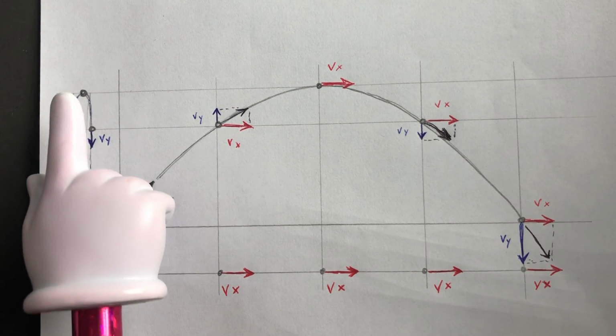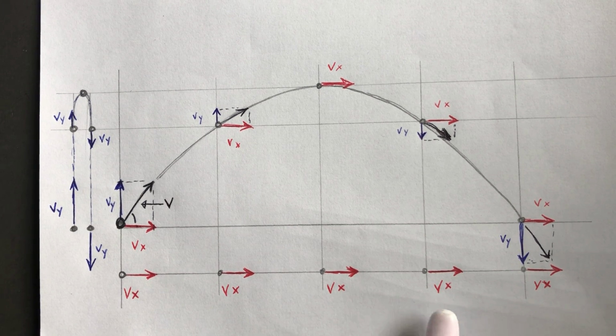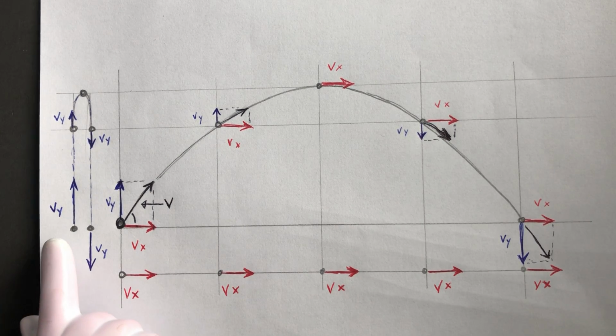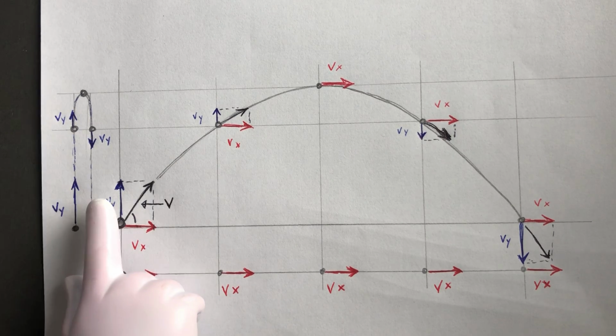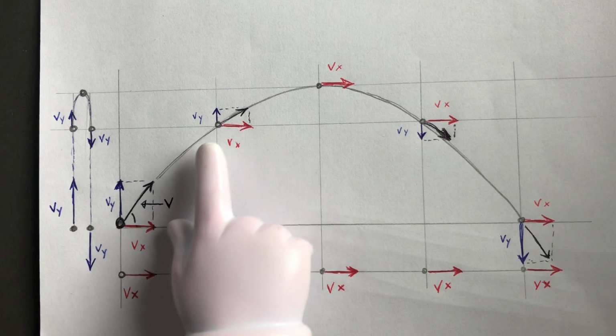So you can see also that the vertical is 0 at the top. Horizontally again, the object would be moving at the same exact speed. And when you combine together both the vertical and horizontal components, you get this nice parabolic path.